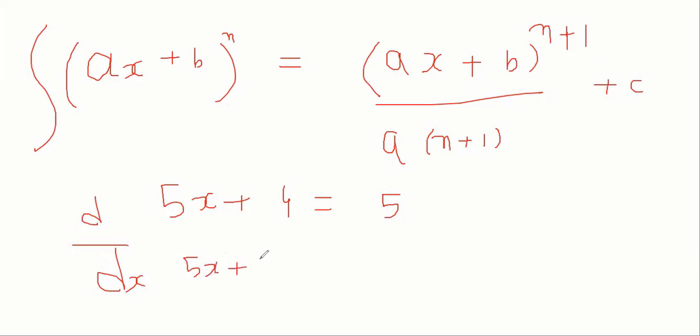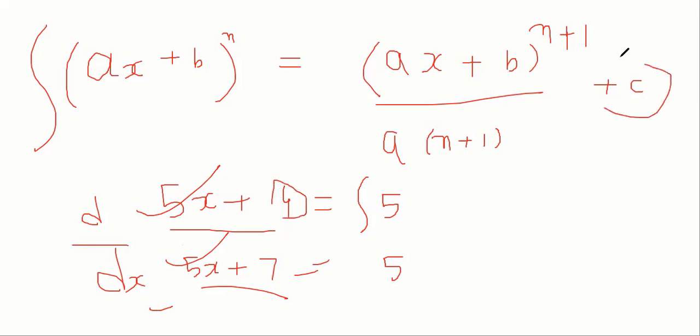If I give differentiation of 5x plus 7, then also the differentiation is 5 only, right? Agree? But if I integrate 5, how will I know whether it is 5x plus 4 or 5x plus 7? It is all a family of this curve: 5x plus 4, 5x plus 7, 5x plus 10, 5x plus 20, 5x plus 100. So instead of that, we write plus C. Keep that constant, because it will be the same. That's why.